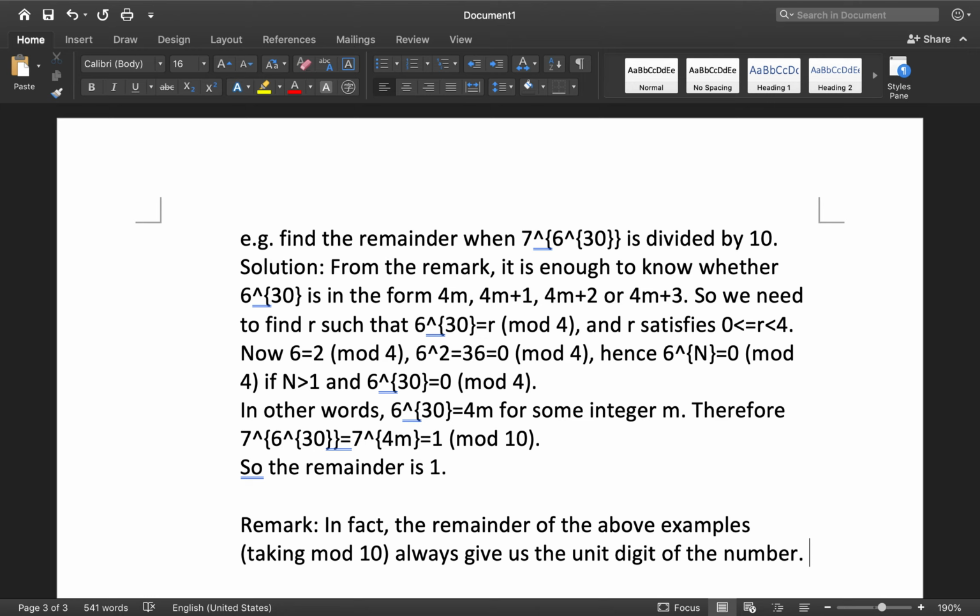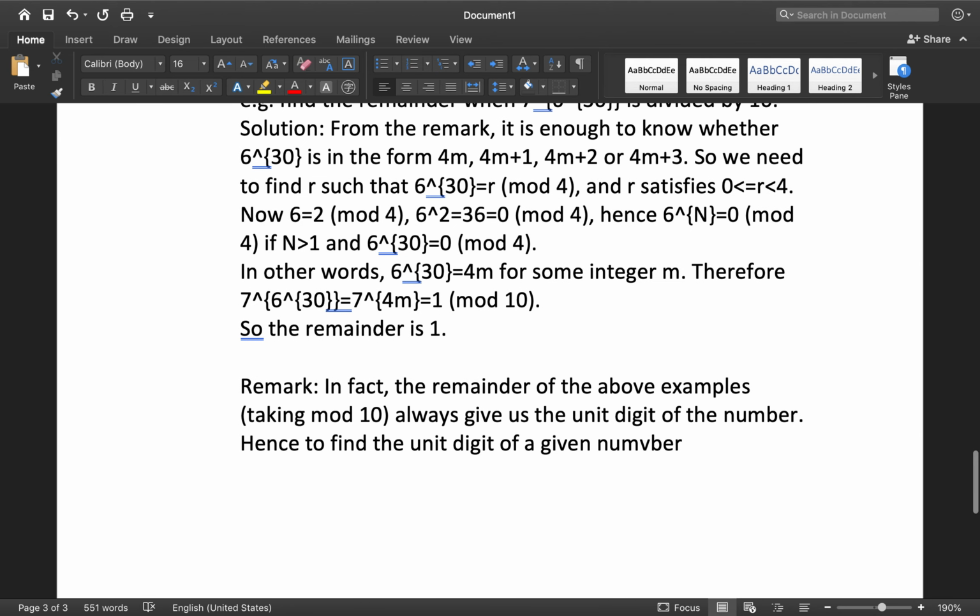So in other words, of course you know how to find the remainder, but if you think in another way, to find the unit digit, what should you do? You just take the division by 10, or if you don't like taking the division, you can simply do the congruence modulo 10 for a given number.